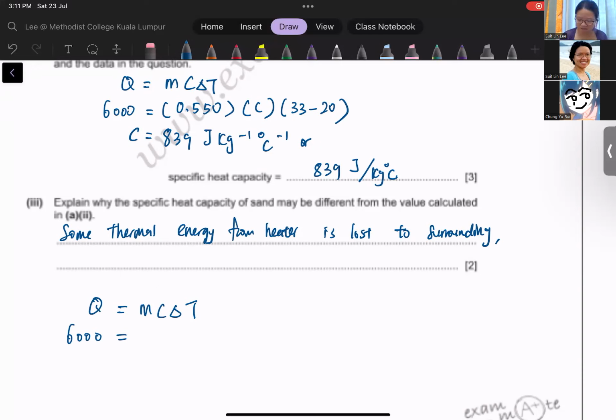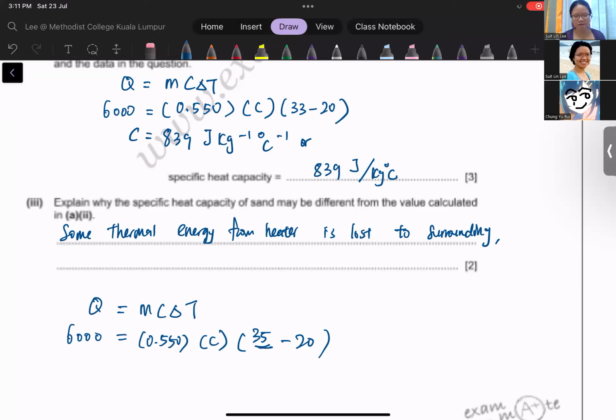So if that's the case, then this 600 loss, I put it back inside the sand. Maybe instead of 33, my temperature will increase to, I don't know, 35. You understand? Because some of the energy is already lost to surrounding. It's supposed to be hotter, but some of the heating has been lost.